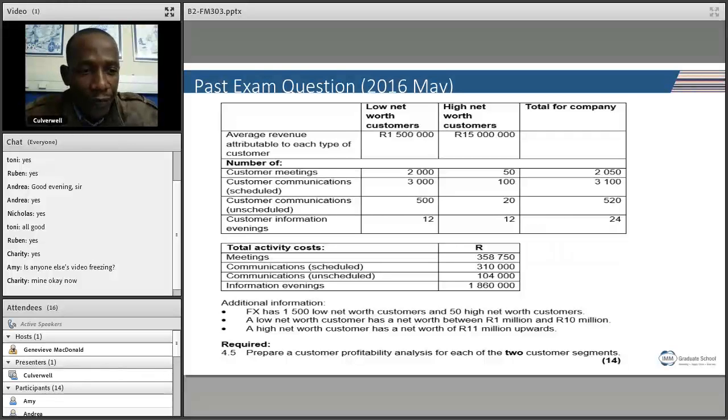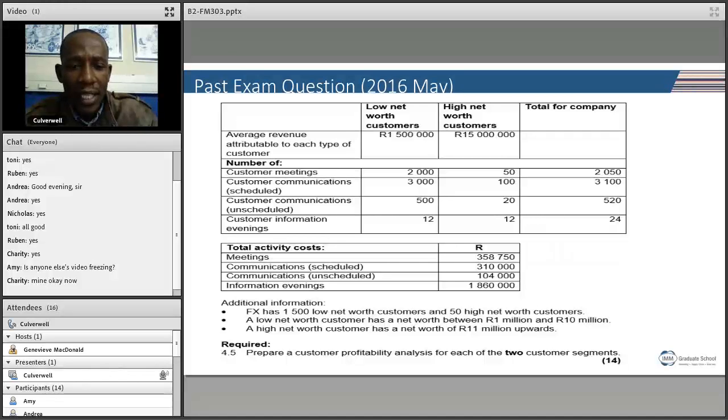It says customer communications that were scheduled. We had 3,000 customer communications scheduled with low net worth customers, and 100 for high net worth customers. The total of customer communication that was scheduled will be 3,000 plus 100, which gives you 3,100.